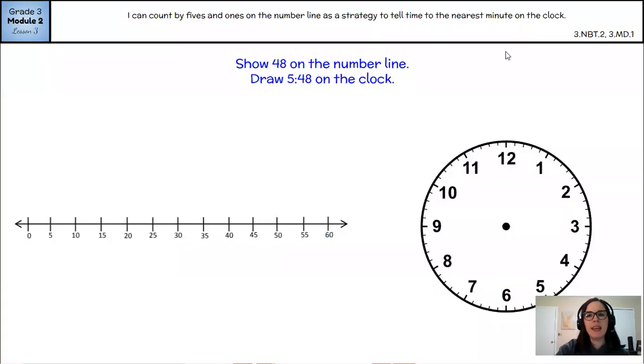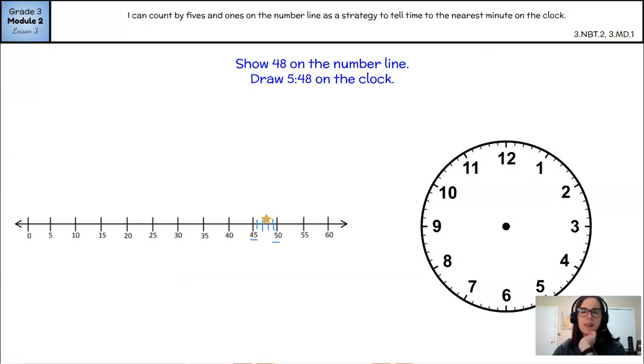Show 48 on the number line, draw 5:48 on the clock. Okay, so 48 comes between 45 and 50, right? So if I want to draw my minutes, 46, 47, 48, 49, and I will mark 48 with a star.